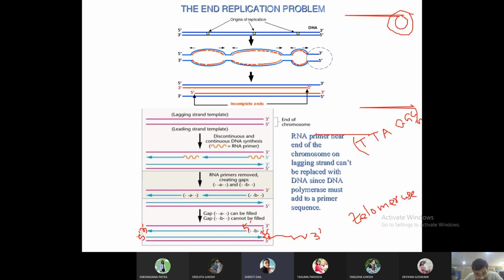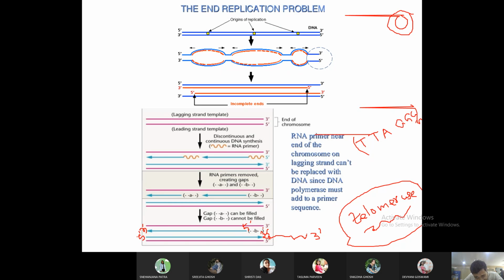Telomerase itself. These enzymes carry short stretches of RNA, and that is used as a template to extend this end of the DNA, this 3 prime, beyond the original end of this double strand. So it increases and keeps on increasing by addition of the telomerase. Suppose it has increased to this much extent.